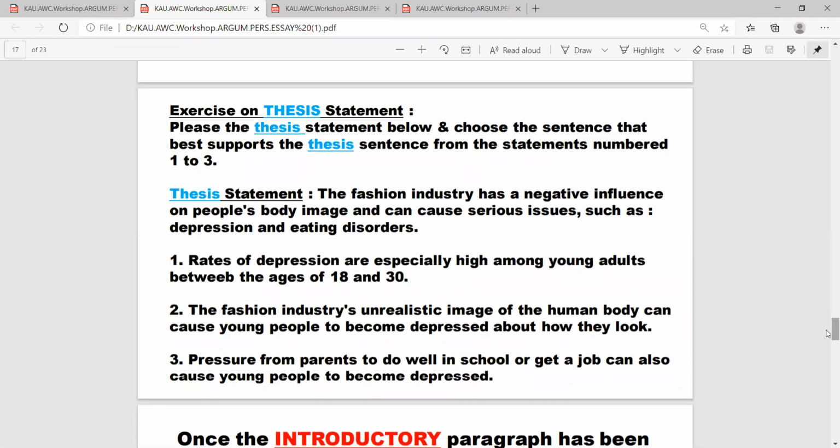Number 1 talks about just one word, thesis statement. It doesn't encompass the other words or the main idea of the thesis statement. So number 1, of course, would be struck down as a supporting sentence. Struck down, of course, I mean that we have to eliminate it.